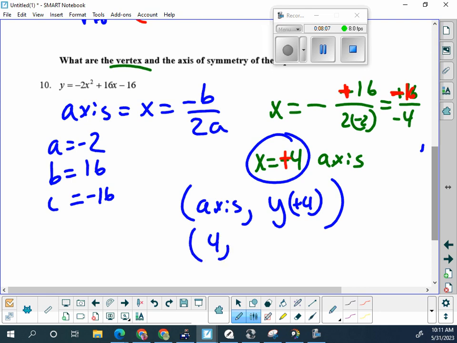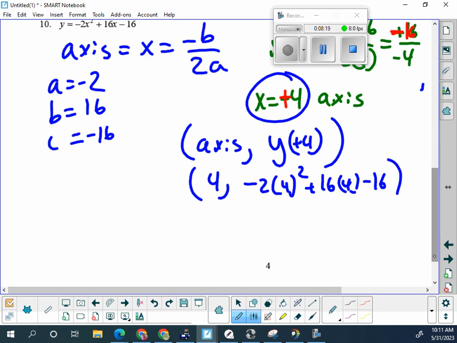So I got 4 here, and then I have to figure out what negative 2 times 4 squared plus 16 times 4 minus 16 is. I should do that on my calculator and get 16 as an answer.